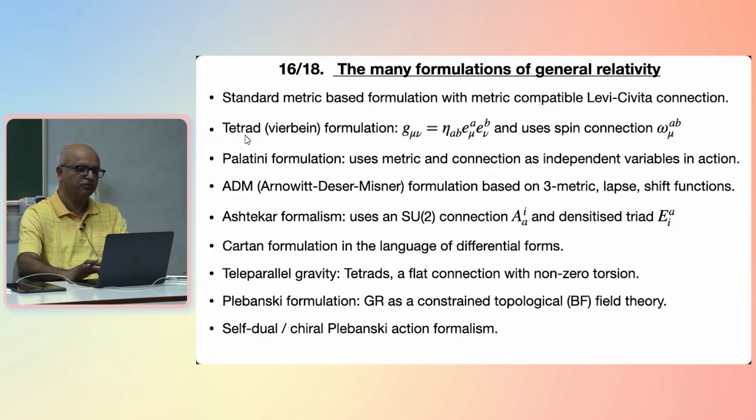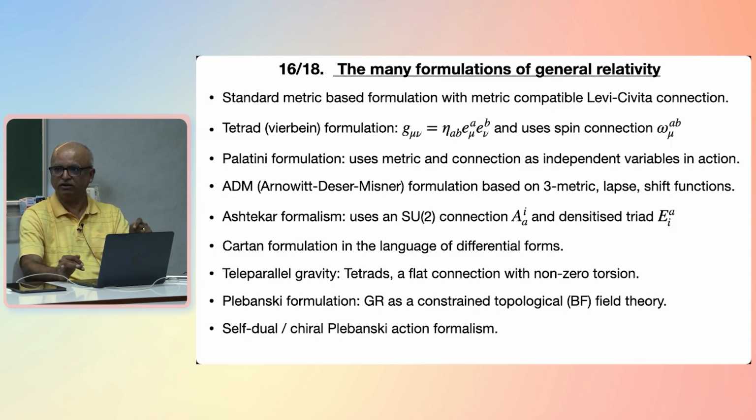So let's get used to tetrads. A tetrad is a set of 4 vectors. Each is a vector in space-time, and there are 4 of them, and they are denoted by this symbol E. So this upper index A, these are Roman letters. The A index tells which vector.